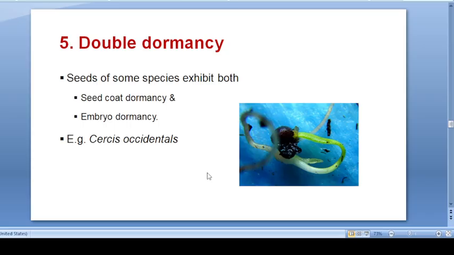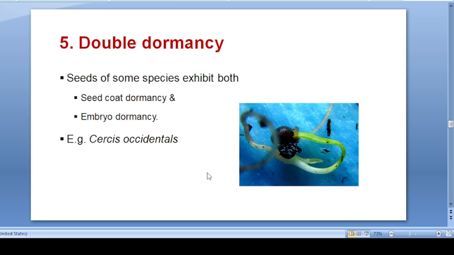Next is double dormancy. Whatever you have studied up to the previous slide was either seed coat dormancy or embryo dormancy. Here, double dormancy means there will be dormancy due to the seed coat as well as the embryo.